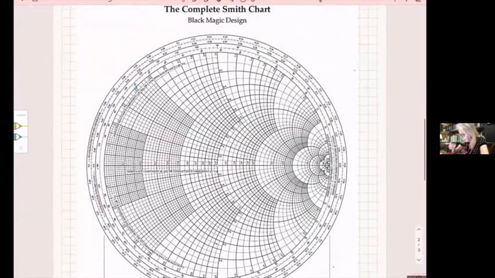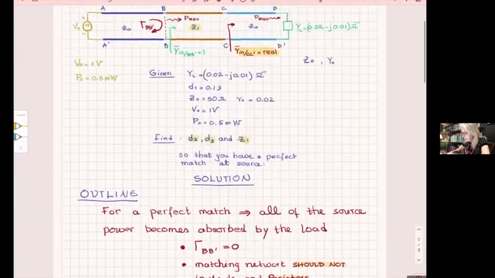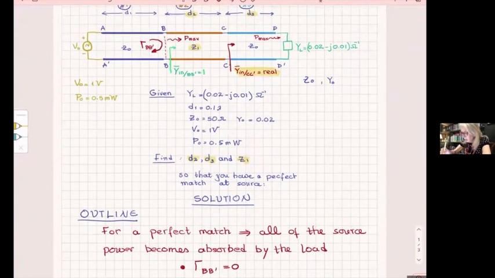Okay. Now, number one, what do you do first? We go and find the load on the Smith chart. Our load here is given in YL. So our load here is this one.